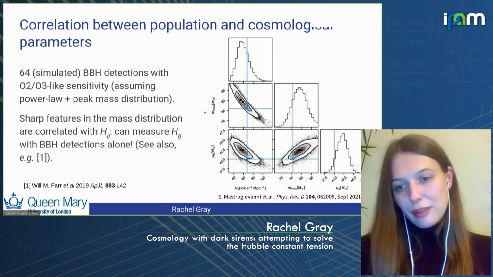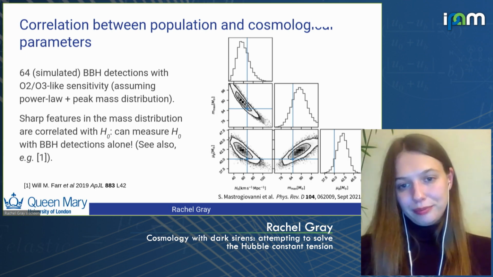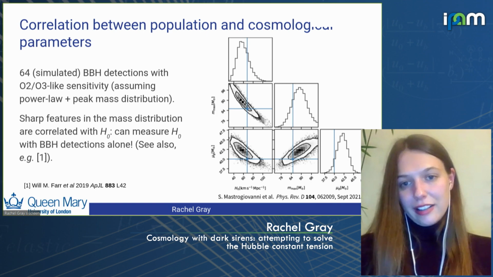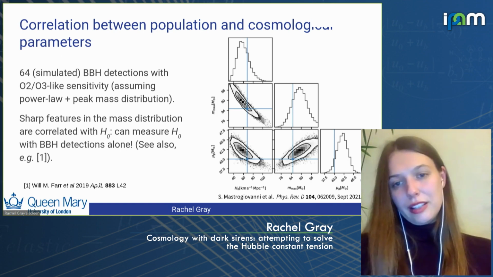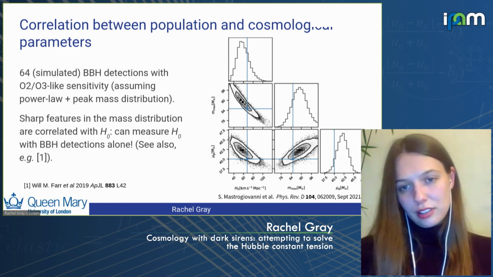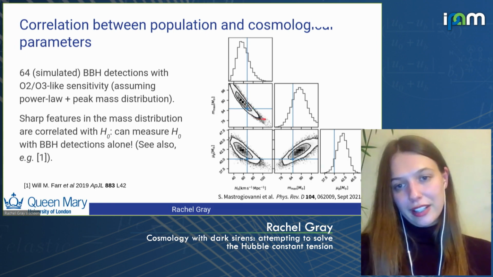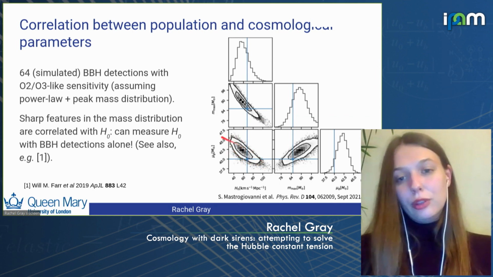And what you see when you look at both of them is that there is correlation between these parameters and the Hubble constant, as you see from the fact that these contour plots are diagonal, they have some shape. Now, this is really cool.